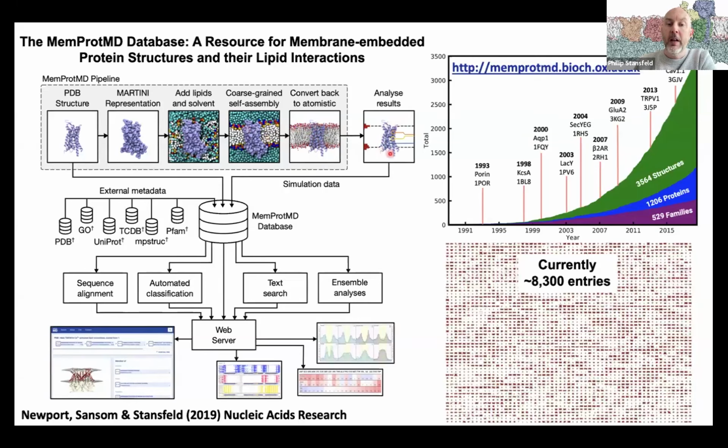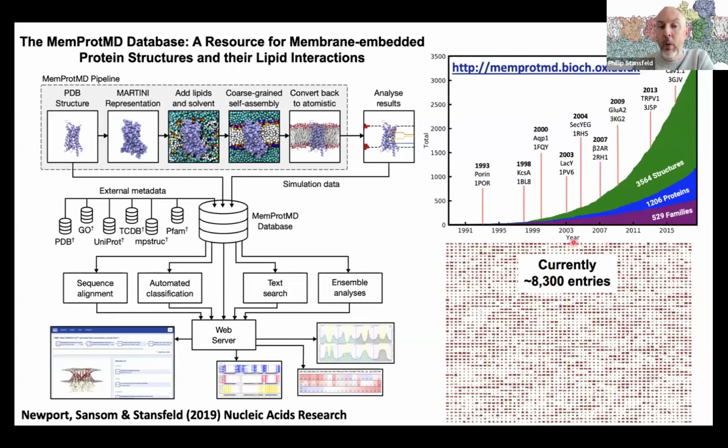And then also, as Charlotte suggested, we've got various different analyses that come out from those simulations at a coarse-grained level. It's been said about 7,000 or so membrane protein structures. I think we're currently now in the 8,000s.